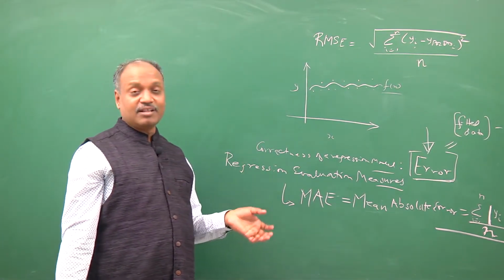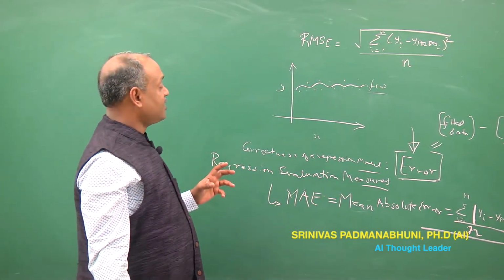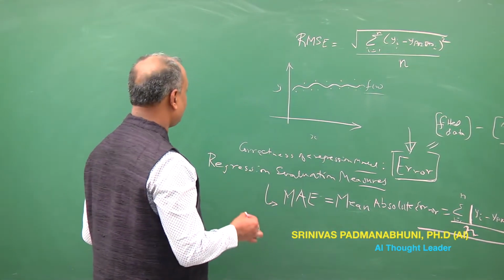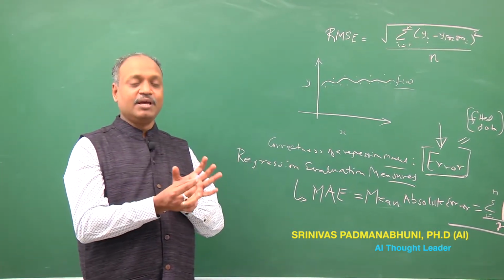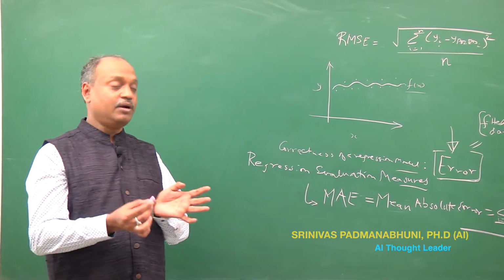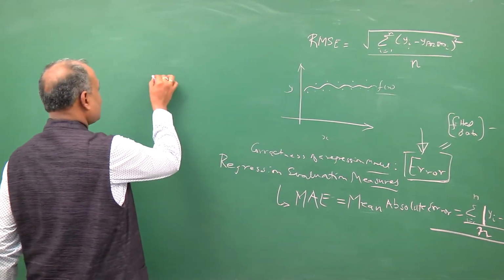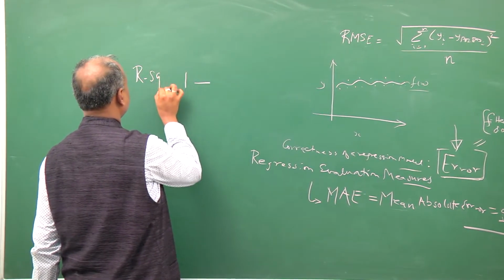So to arrive at a normative measure, people have come up with a measure which is unitless. It does not depend on whether you are measuring kilometers, meters, kilograms, grams or whatever, but it is normative. What they compute is something known as R square.